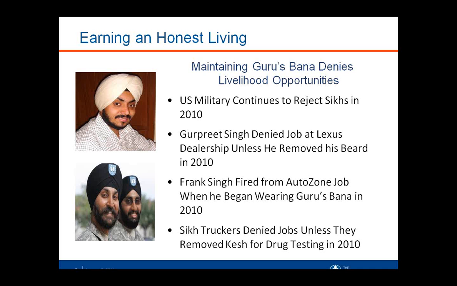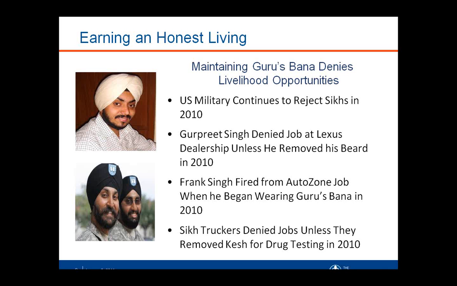And when he relayed that he couldn't trim his beard, that he maintains it unshorn as per his Sikh faith, he was not given a job. And that matter is the subject of a lawsuit in federal court in New Jersey.